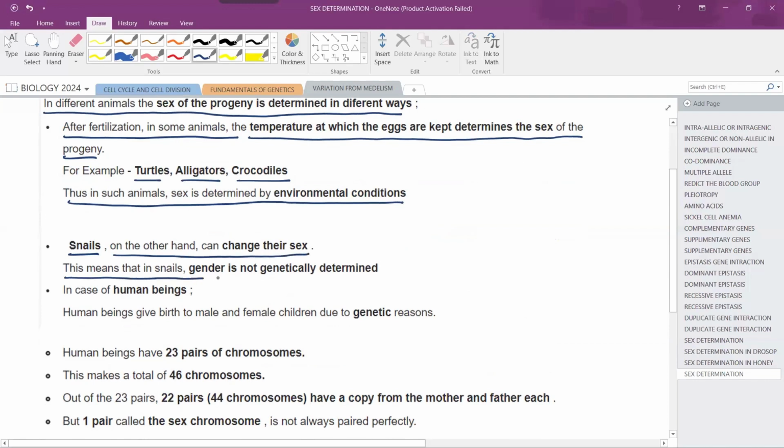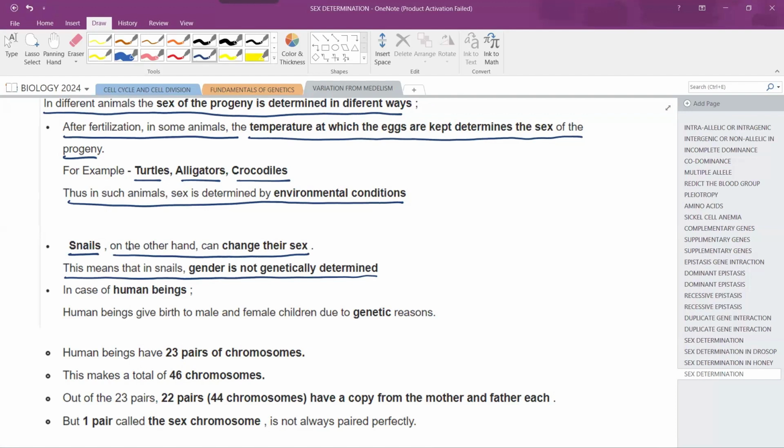This means that a snail's gender is not genetically determined.